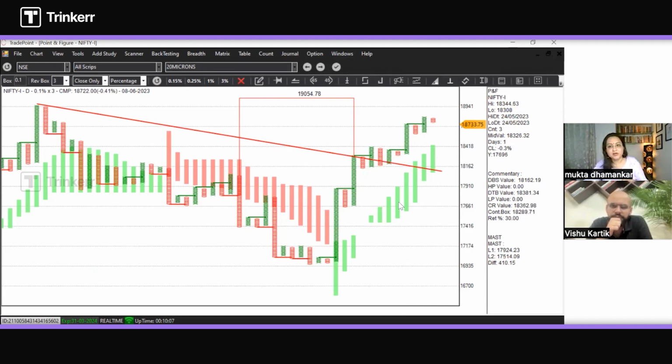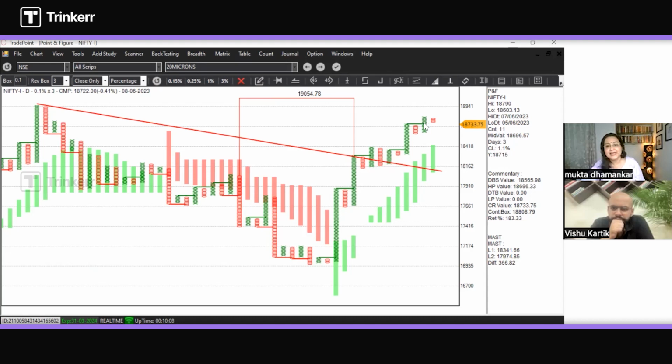And it is one of the most important characteristics of point and figure that unless the price moves against the ongoing trend, like here it was a bullish trend, unless it reversed into column of O, it continues in that same column until the price drops by 0.3%. Each column may last for 2 days, 3 days, 4 days.